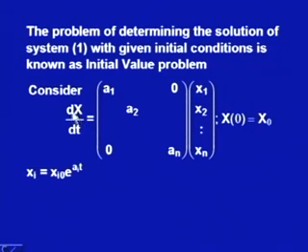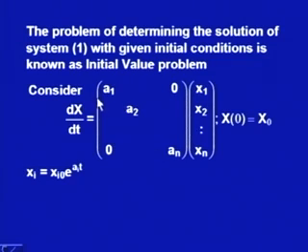Here you can reduce this system as dx1 by dt equal to a1 x1. So, this equation is no more coupled with the rest of the equations. dx2 by dt is equal to a2 times x2, it is again decoupled from other equations. If the equations are decoupled, especially when we have a diagonal matrix here, then each equation can be solved independently of the others.